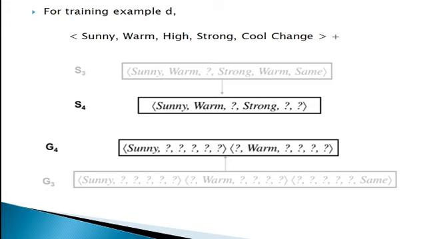Therefore, the hypothesis must be dropped from boundary G, removing an entire branch of the partial ordering from the version space of hypotheses remaining under consideration. Now we have the answer why there are only 3 new hypotheses in G3. We are completely removing the hypotheses which are inconsistent with the positive examples.